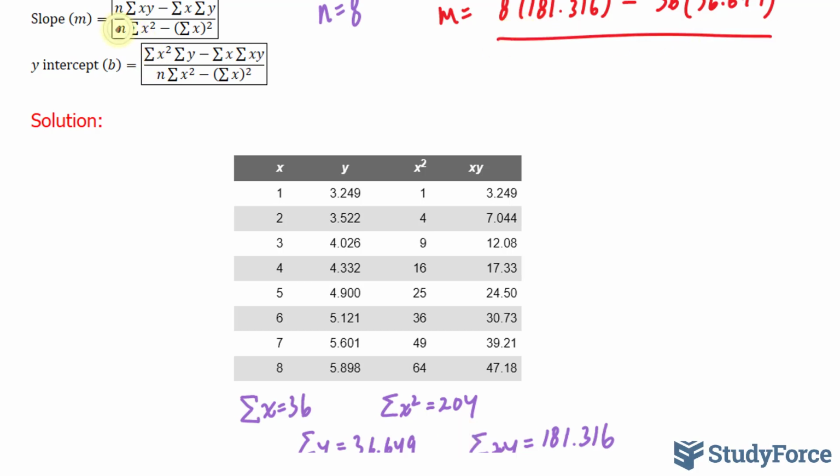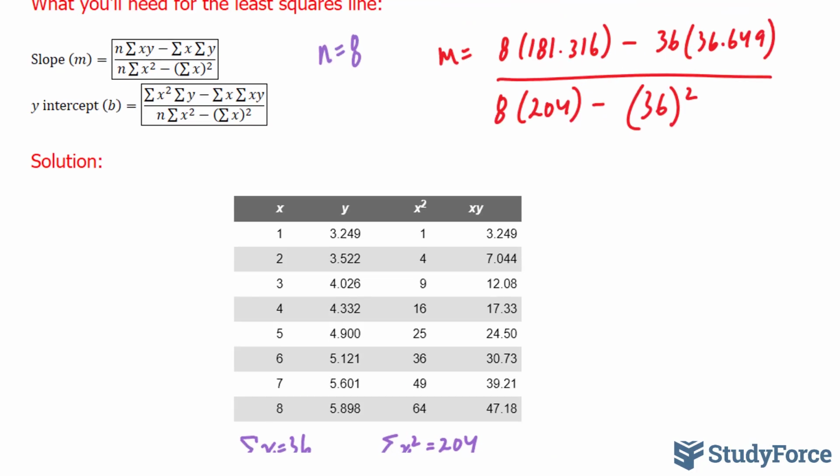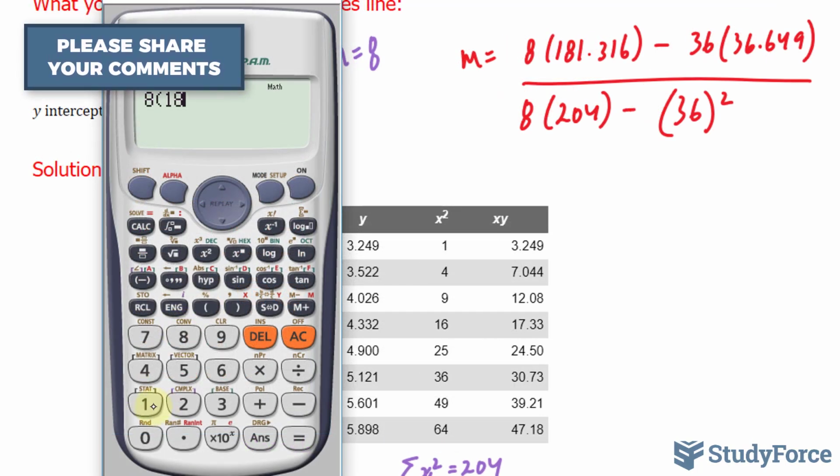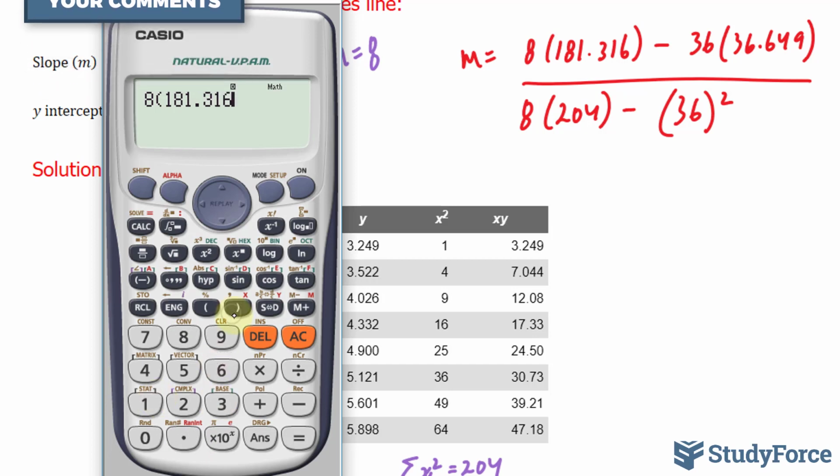Over, and now I will write down this part, we have 8 times the sum of x to the power of 2, 204, minus the sum of x to the power of 2. So this number, 36 squared. Let's use our calculator to calculate this. We have 8 times 181.316 minus 36 times 36.649.